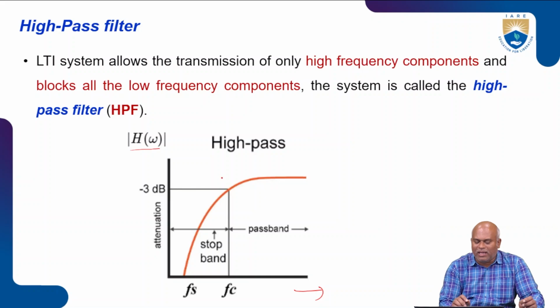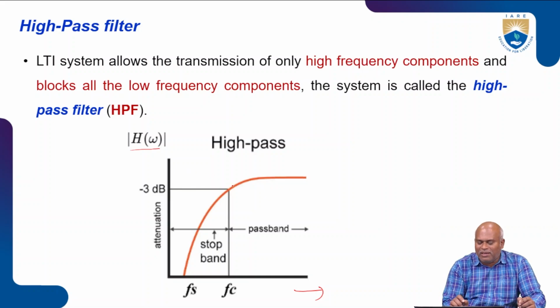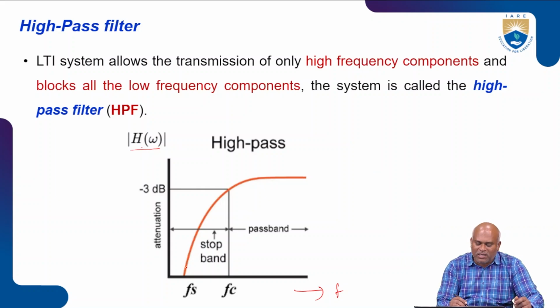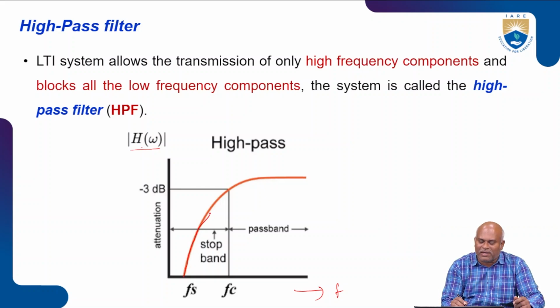Now we take frequency on the x-axis and amplitude, the magnitude response, on the y-axis. It starts at the lower frequency and slightly increases the frequency component. After that, it saturates. This means up to 3 dB the band is represented as the stop band.